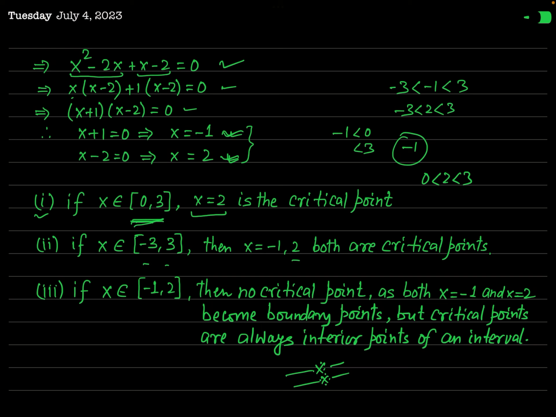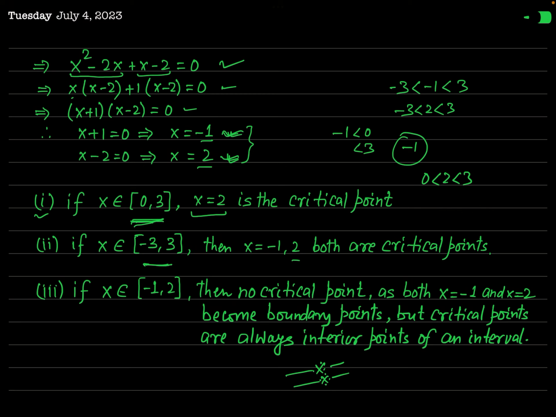What does it mean? It means both of these two values of x, that is x = -1 and x = 2, both lie in the interior of this interval.